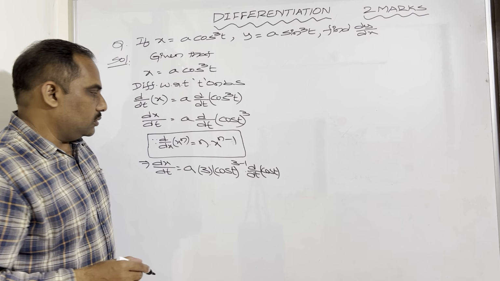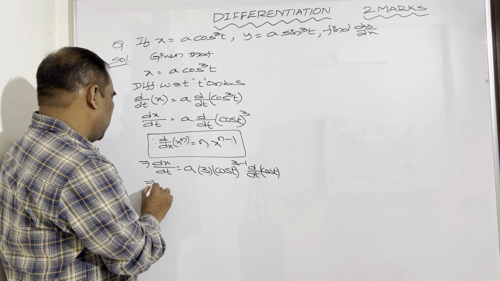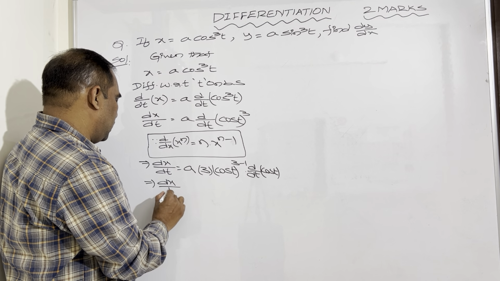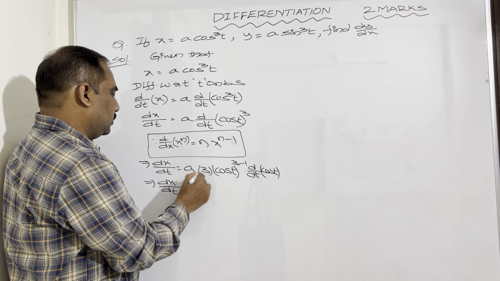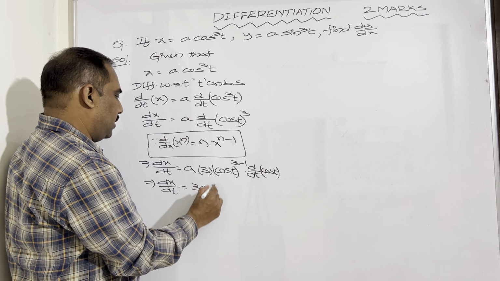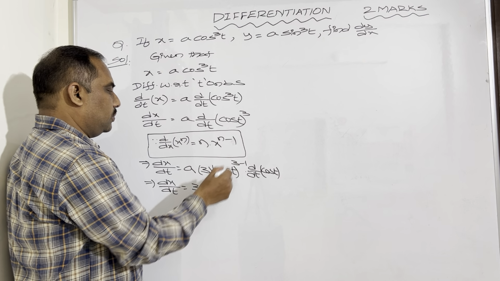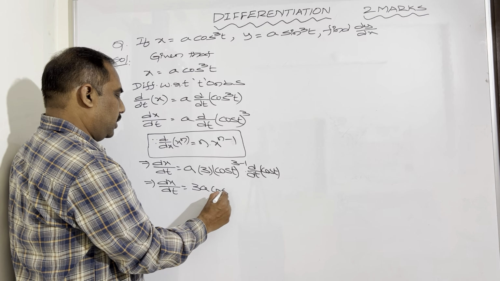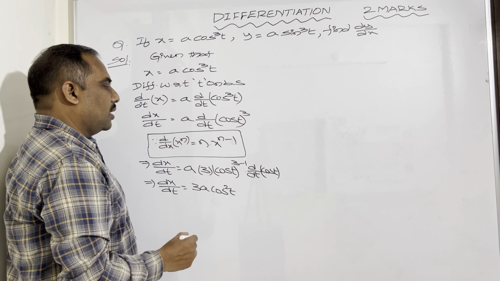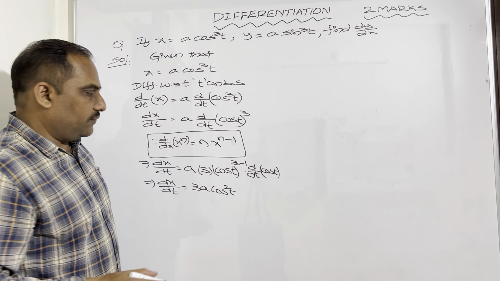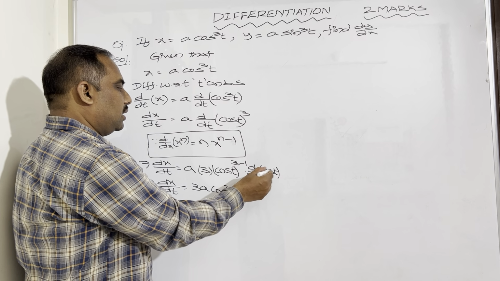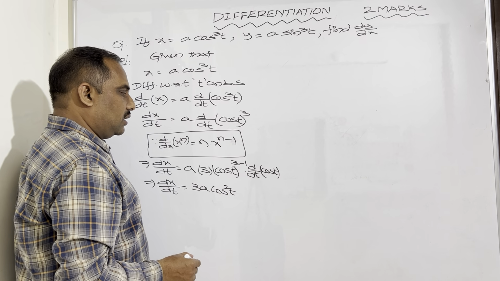with respect to t. So now dx by dt is equal to a into 3, that is 3a. Here cos t whole to the power of 3 minus 1, we can write cos square t, into derivative of cos t. We know that the derivative of cos x is minus sin x.